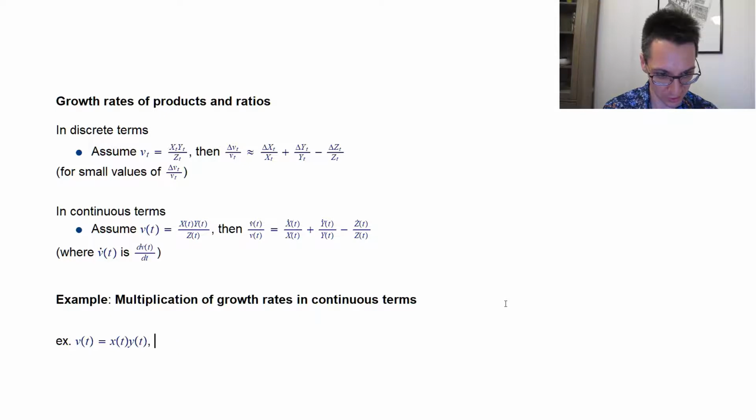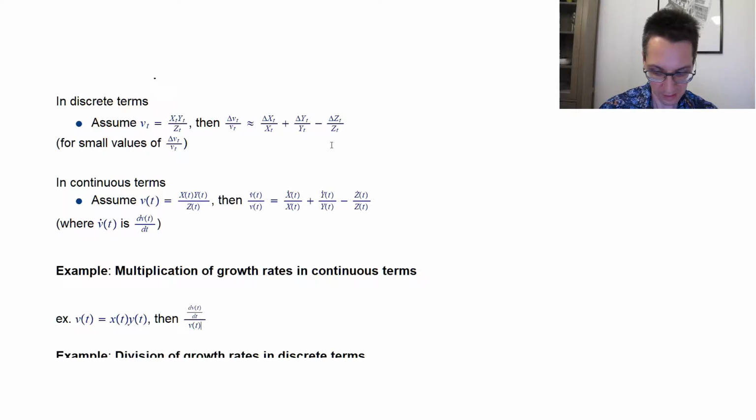Then the expression dv of t/dt divided by v of t is going to be equal to, now what I can do is simply substitute v of t by x of t y of t. So it's this expression d/dt divided by x of t y of t.